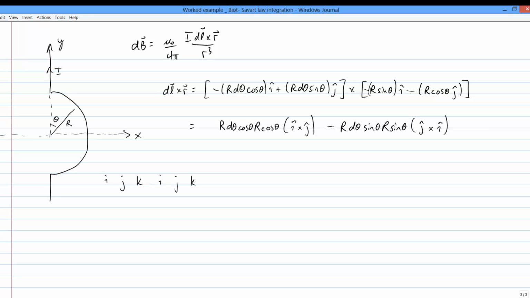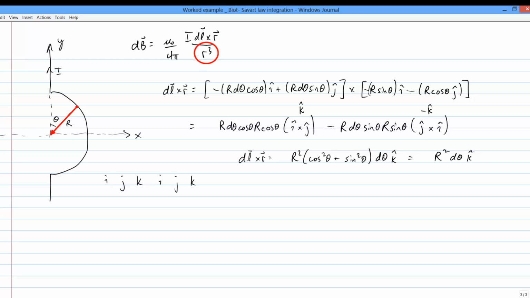If you go backwards, you pick up a minus sign. j cross i is minus k, and so on. With that in mind, we put it all together. And there's our favorite trig identity. Cos squared plus sine squared is 1.